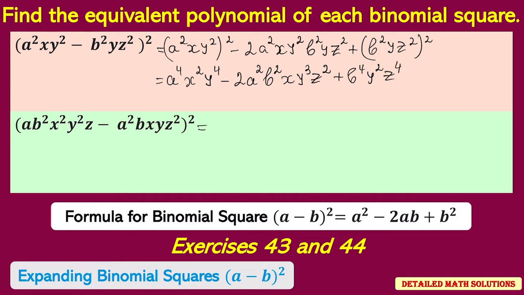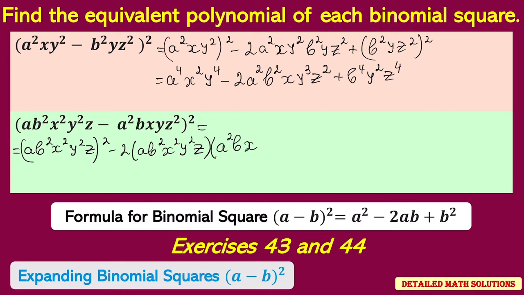And last exercise. When I apply the formula, this equals (a b squared x squared y squared z) squared minus 2 times a b squared x squared y squared z multiplied by a squared b x y z squared plus (a squared b x y z squared) squared.